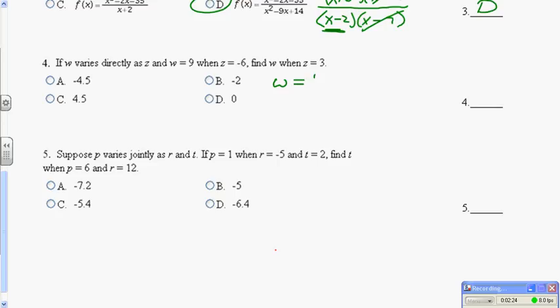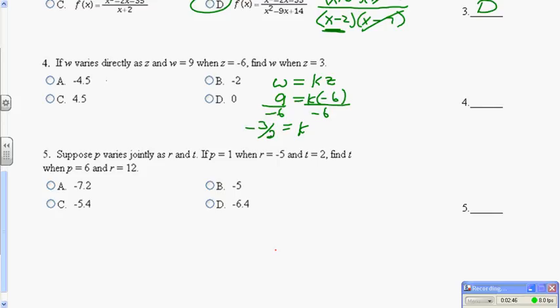W varies directly as Z. They give you 9 for W and -6 for Z, which allows us to solve for K. So K is equal to -3/2.